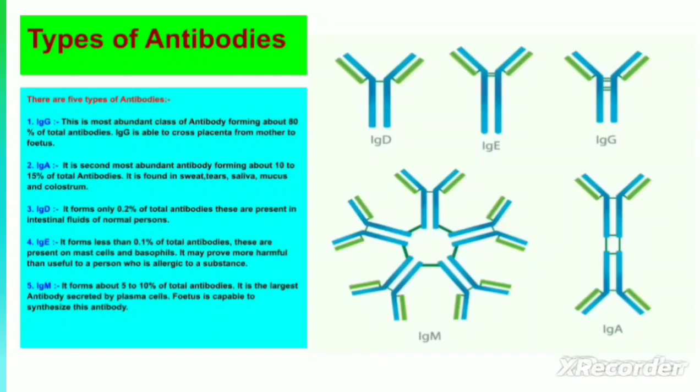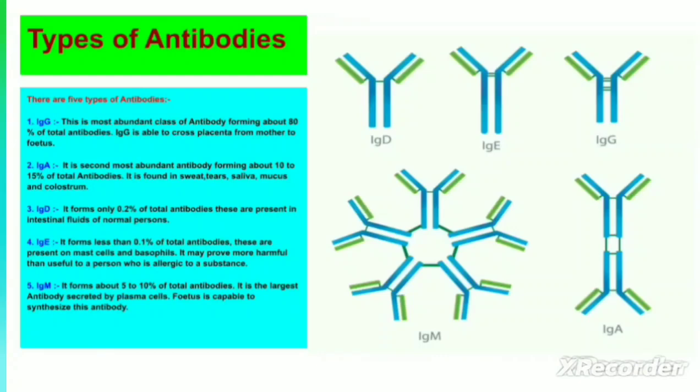Now the second major type of immunoglobulin is IgA. It is the second most abundant antibody, forming about 10 to 15% of total antibodies. It is found in sweat, tears, saliva, mucus, and colostrum.